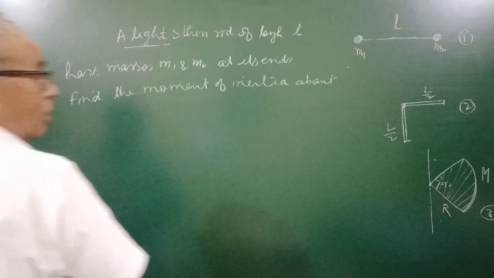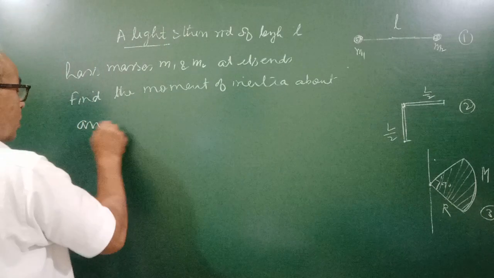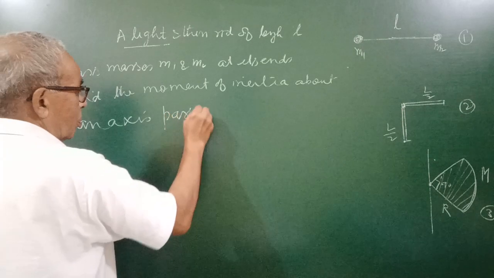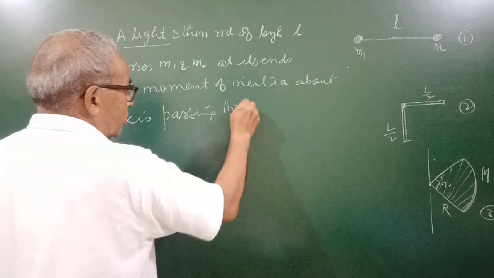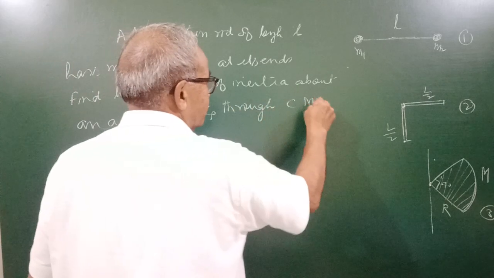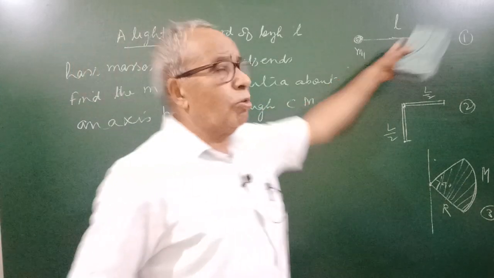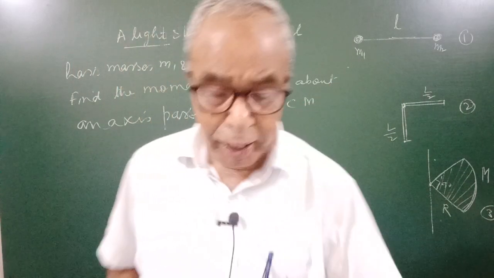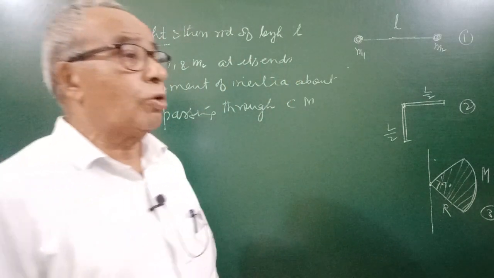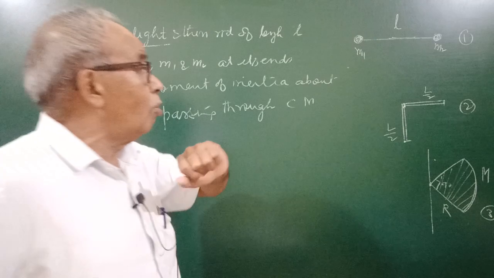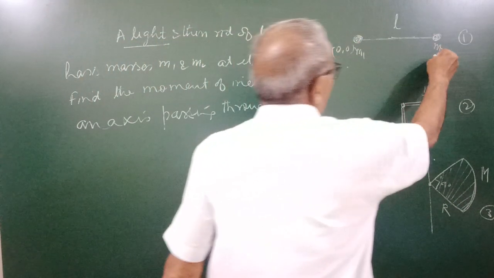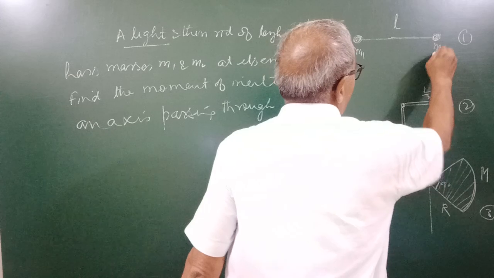Find moment of inertia about an axis passing through the center of mass, through CM. So how to find the CM of these two? Look, center of mass is involved. We are doing a question on moment of inertia, but center of mass is involved. Let the coordinate of this be 0, 0 and of this L, 0.